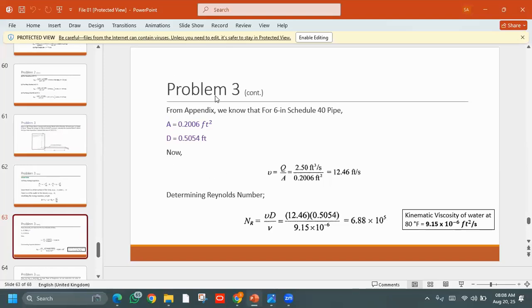So we have the area and diameter from the appendix, and we have written all these values here.